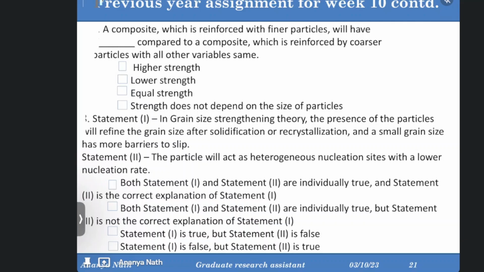Statement 1 is grain size strengthening theory: the presence of particles will refine the grain size after solidification or recrystallization, and a small grain size has more barriers to slip. The particles will act as heterogeneous nucleation sites with a lower nucleation rate. Statement one is true, two is false.